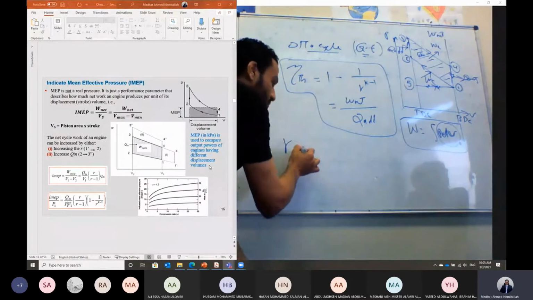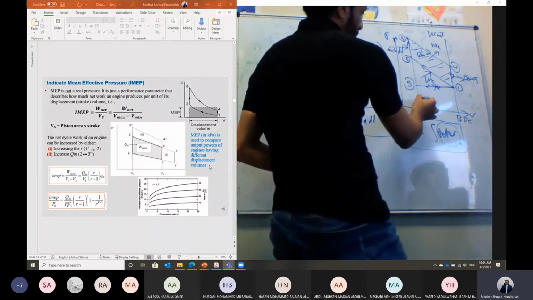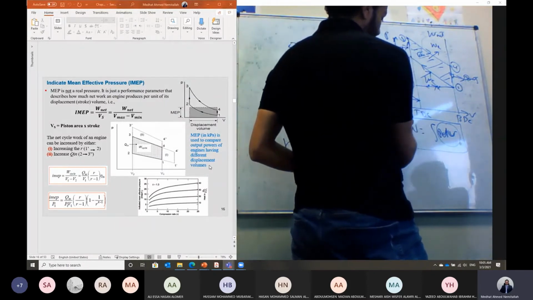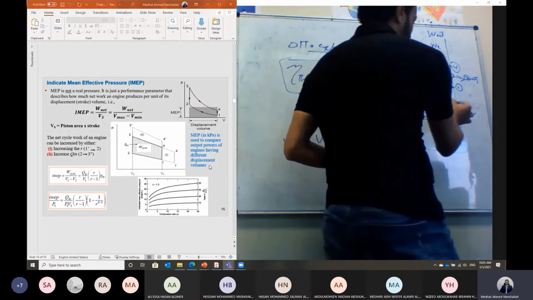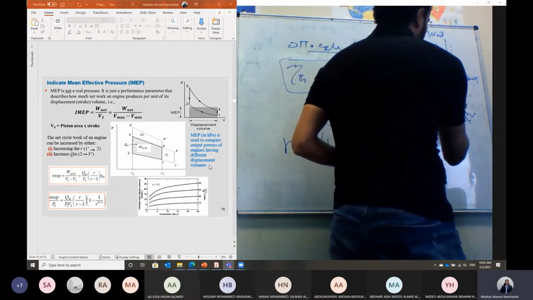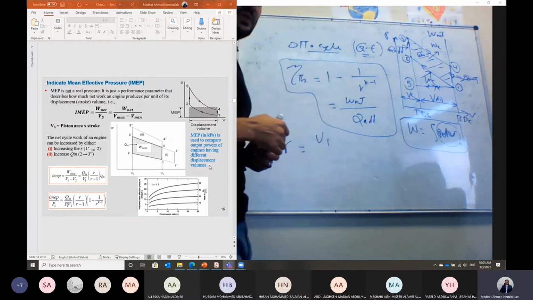The compression ratio is equal to the volume V1 over the clearance volume. When the piston is at the top dead center, the volume is represented by the clearance volume. The swept volume between the top dead center and the bottom dead center we call the displacement volume.